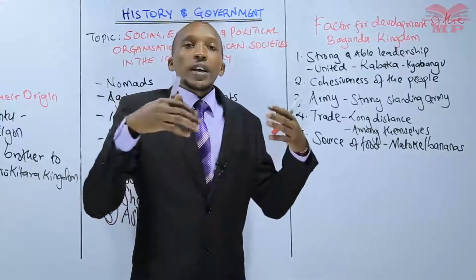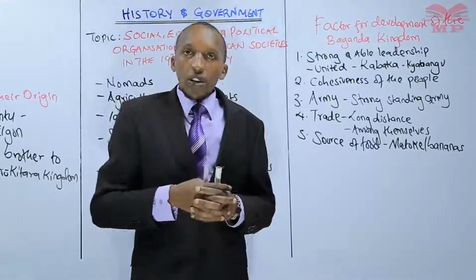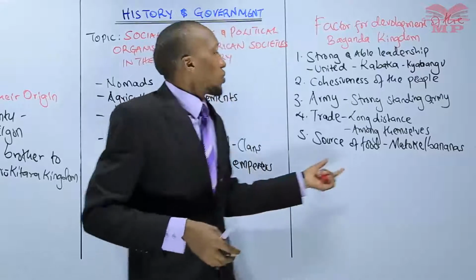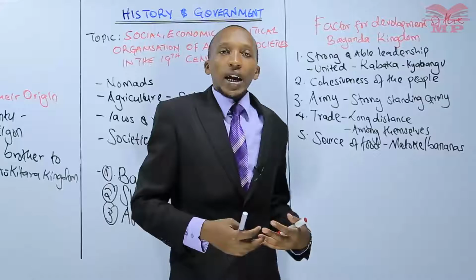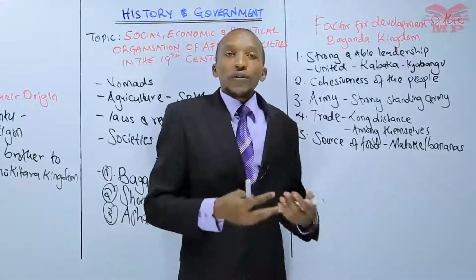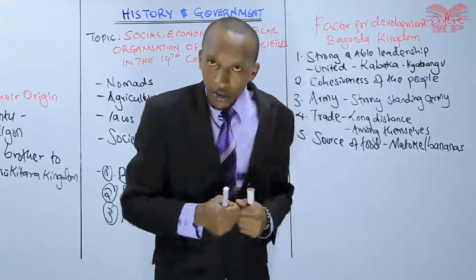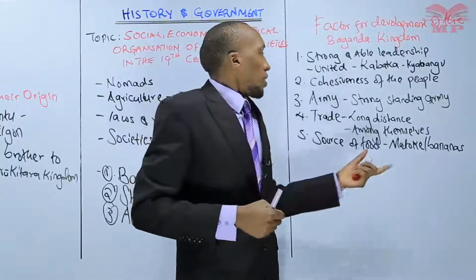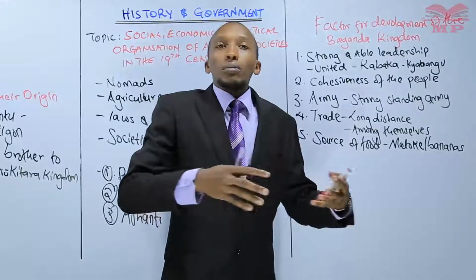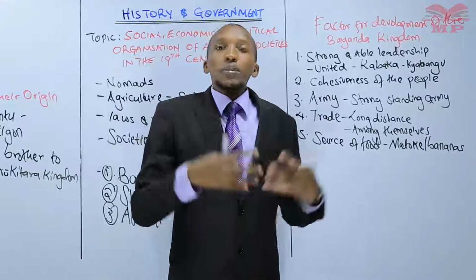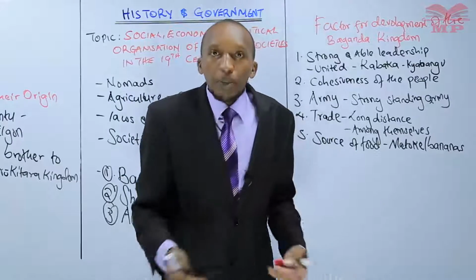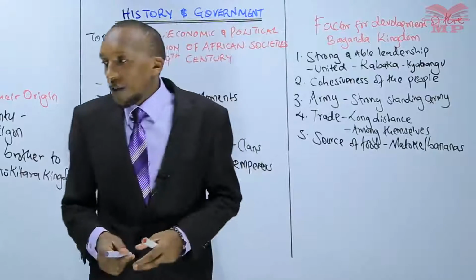It had enough rainfall throughout the year, so they could produce enough food. With food, people are able to multiply. With food, people are secure in their lives. So matoke could be available throughout the year. That means people do not starve. People have a constant supply of food.